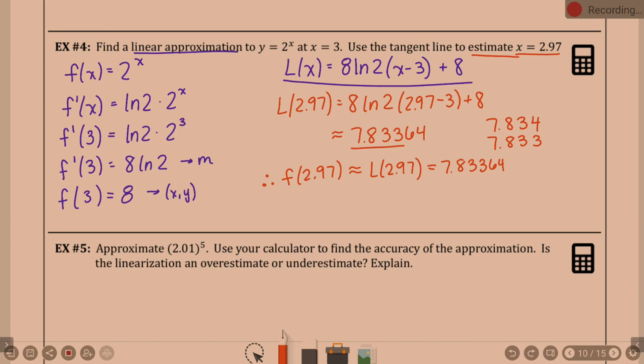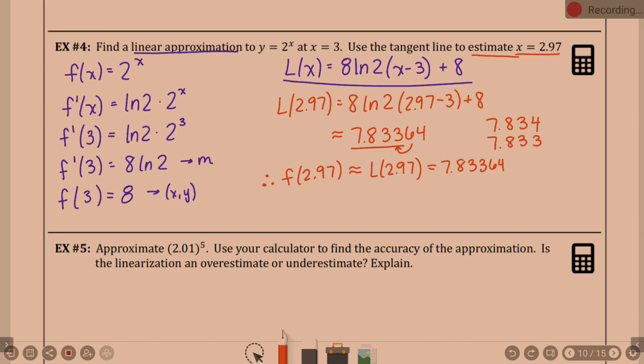Number 5? Yeah. Are we good with this one? What does Eli not like? Don't know how you got 7.834. Is it just the calculator? The 834 is if you rounded. Well, I put plus 3. You put plus 3, but I think you also have to end that parenthesis on the natural log.